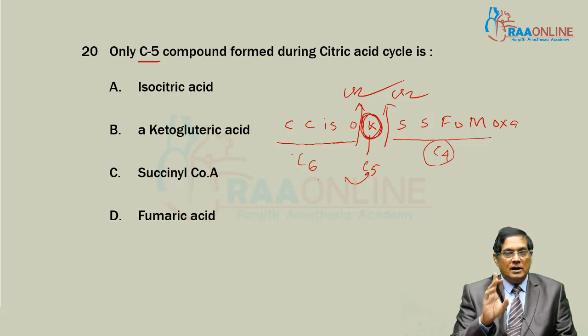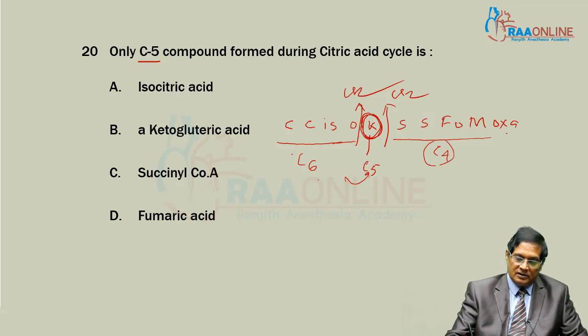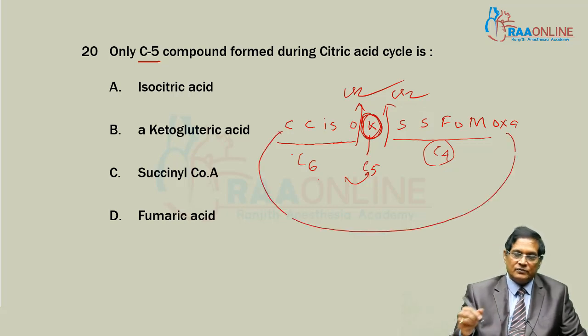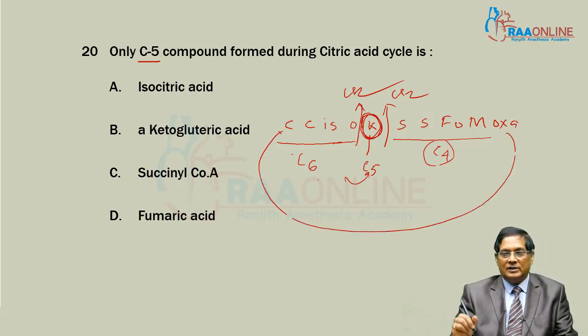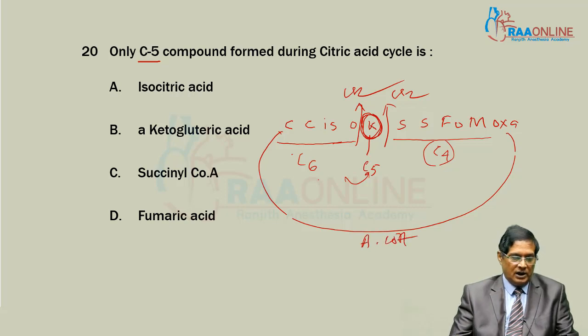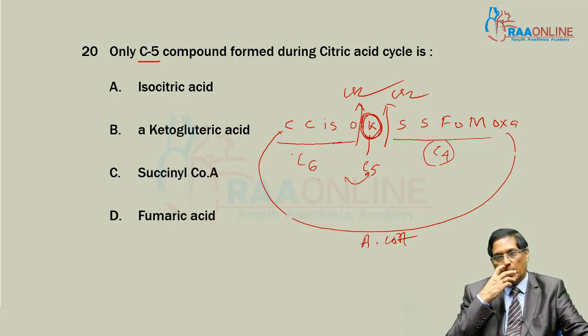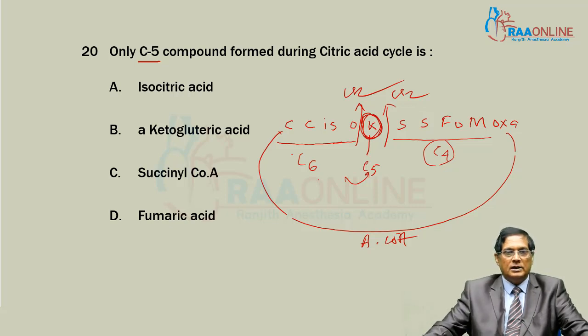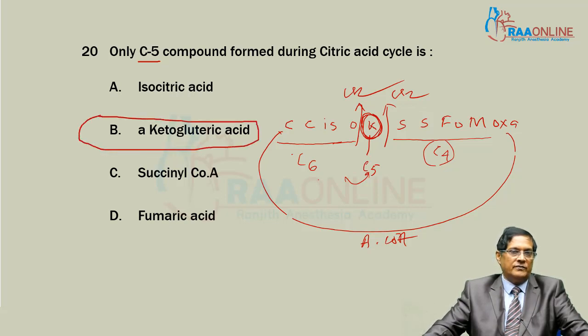And one more thing: oxaloacetic acid forms citric acid by combining with acetyl coenzyme A. So the answer for this question is that alpha ketoglutaric acid is the only 5 carbon compound formed in the Krebs cycle.